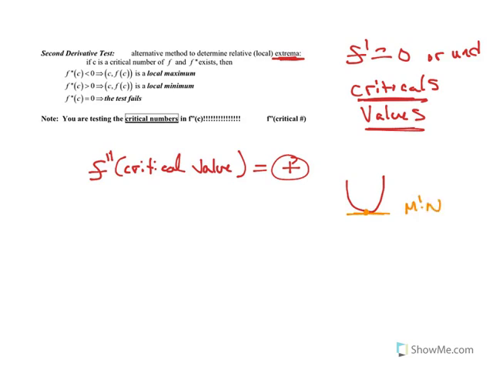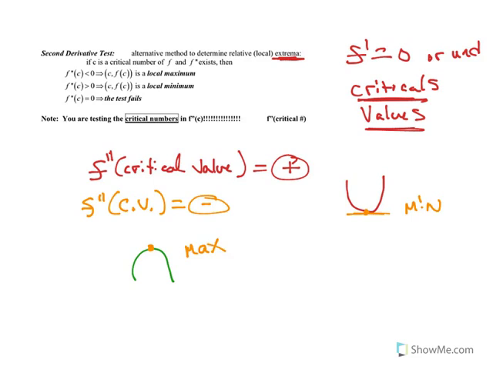And if you do f double prime of a critical value again, a different one, and let's say it was a negative result, then that's saying that the graph is concave down. So right at that critical value, it must be a max. So we can tell whether it's a min or a max just by looking at the curvature.